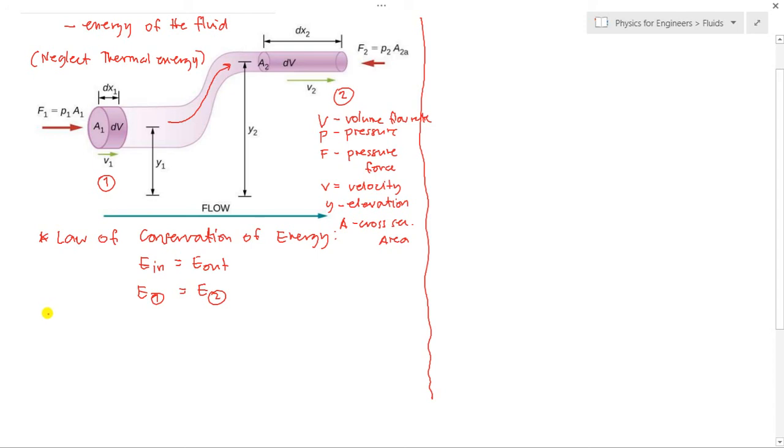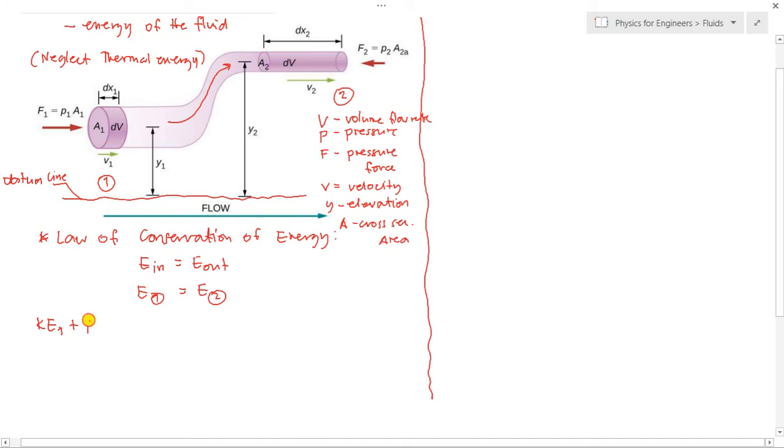Here, our first energy is the kinetic energy, since the fluid is moving. So we have kinetic energy at point 1 plus what else? Since this is our datum line, remember from our discussion that if we have a datum line, the states have corresponding elevations. So potential energy is used here. That is potential energy plus what else?